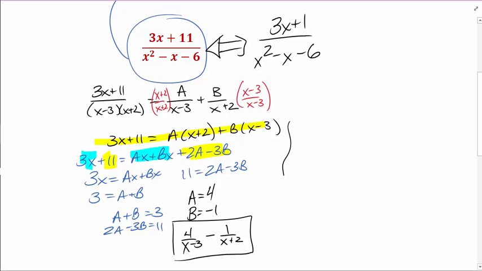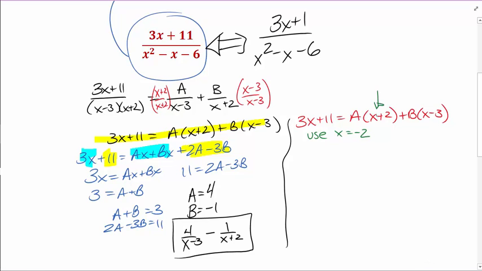The second technique that I'm really going to push is not quite the same as our traditional system of equations. I've got this x plus 2 times a, and I've got this x minus 3 times b. What I can do here is I can use certain x values. I'm going to use an x value of negative 2. And the reason I'm going to do that is because it makes this quantity equal to 0.